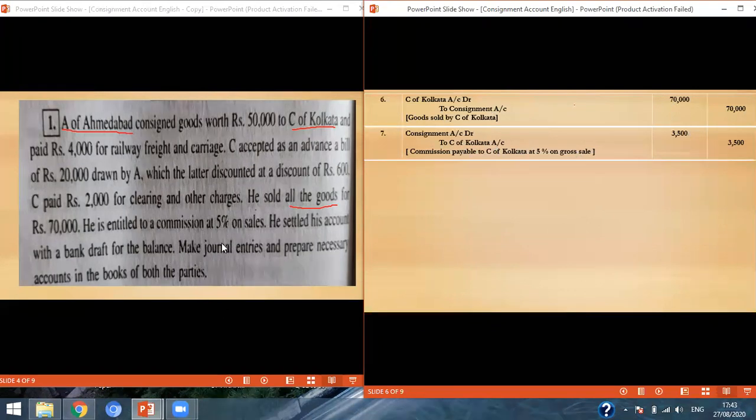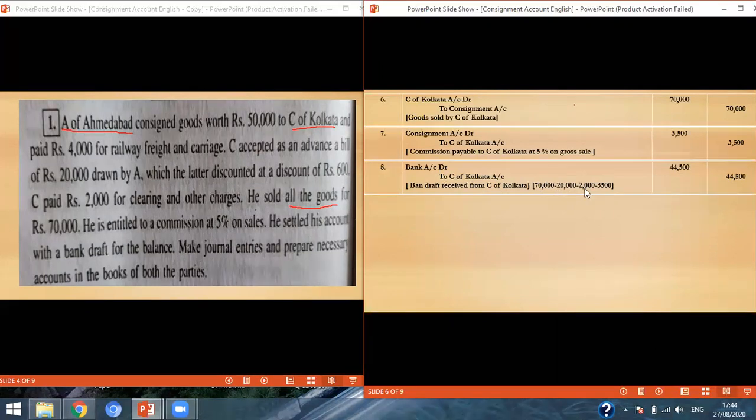Then he settled his account with a bank draft for the balance. So we have to make the general entry of the balance. How can we calculate the remaining amount? We can do this kind of calculation. We have sold the goods of 70,000, right? Then C has already given the advance of 20,000.